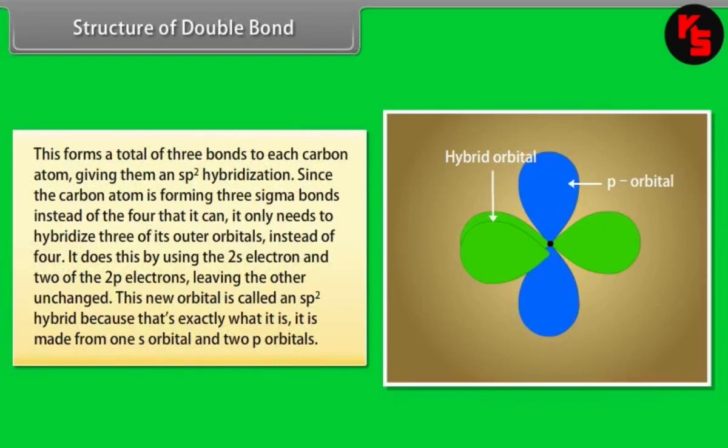Since the carbon atom is forming 3 sigma bonds instead of the 4 that it can, it only needs to hybridize 3 of its outer orbitals instead of 4. It does this by using the 2s electron and 2 of the 2p electrons, leaving the other unchanged. This new orbital is called an sp2 hybrid because it is made from one s orbital and 2 p orbitals.